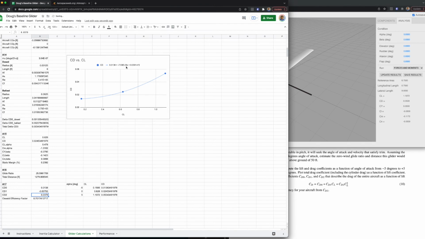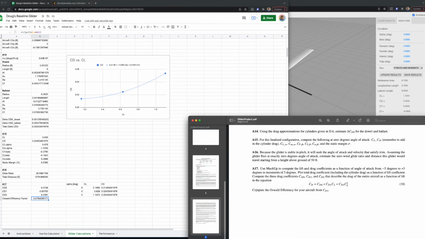Notice that it's got the e to the -3 there, so that's why I've got 2 zeros in front of the 7. And then finally the CL squared value here is 0.0391.